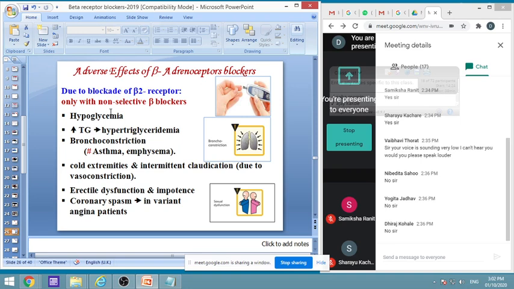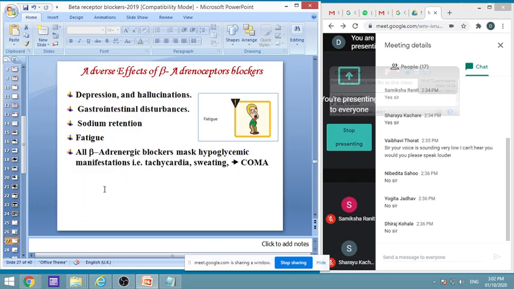It can also cause cold extremities, erectile dysfunction and impotence. Then it causes intermittent claudication. That means there is vasoconstriction in some persons, and therefore there are severe leg cramps. Then it causes depression and hallucination.